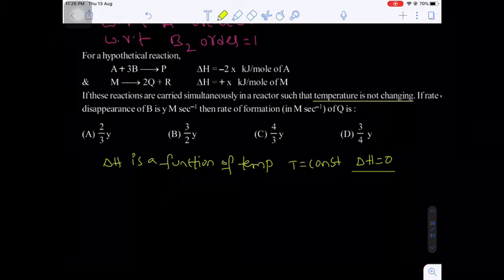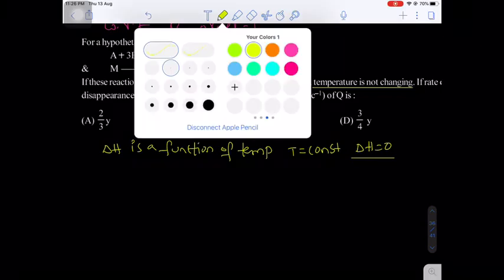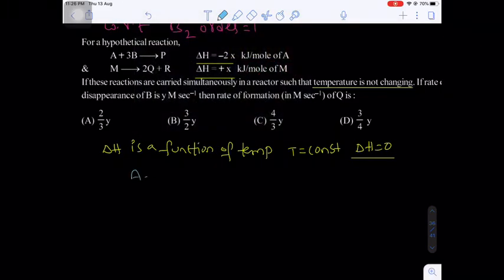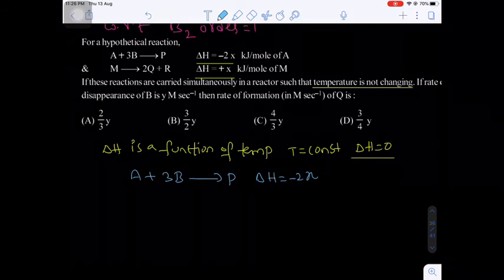How is it possible? In the first reaction, the delta H value is minus 2x. In the second reaction, the delta H value will be x. Then how do we cancel out the delta H value in both cases? By multiplying the second reaction by the integer 2 on both sides. Are you getting my point? Reaction 1 as it is, which is A plus 3B gives P, delta H value minus 2x.